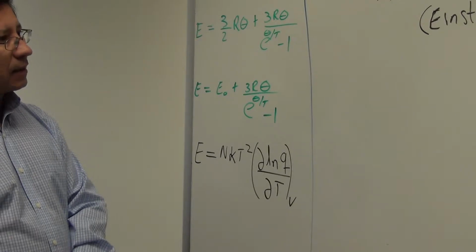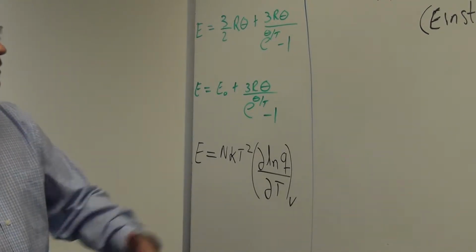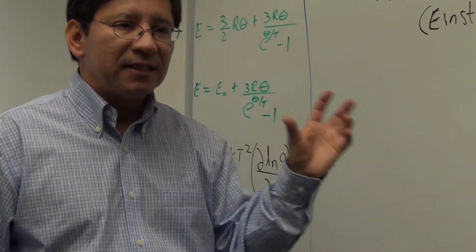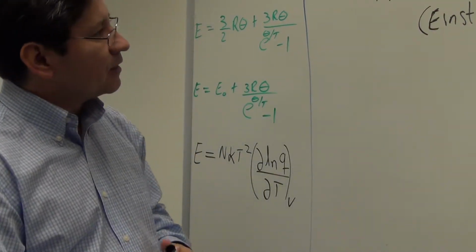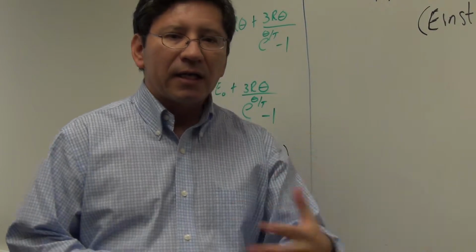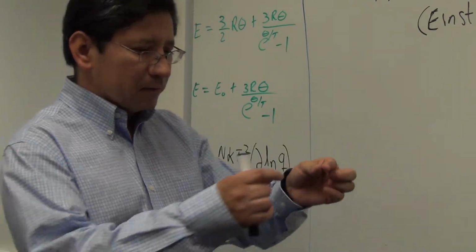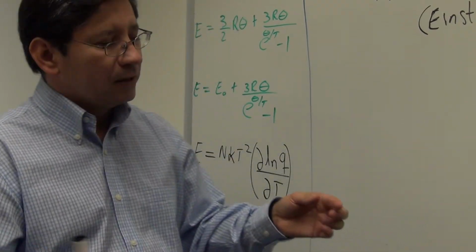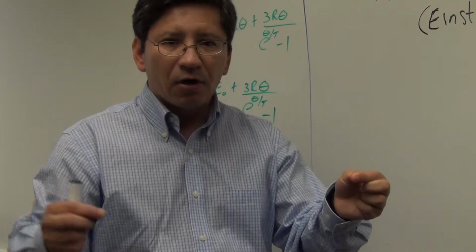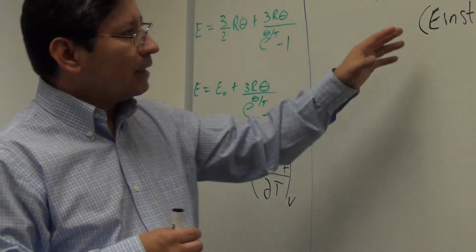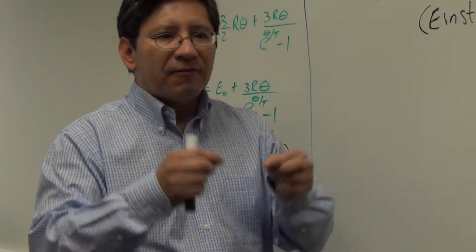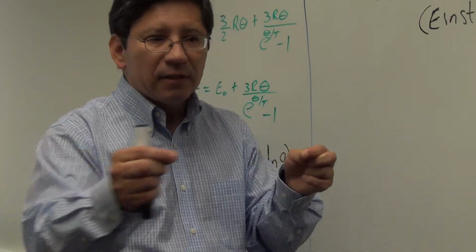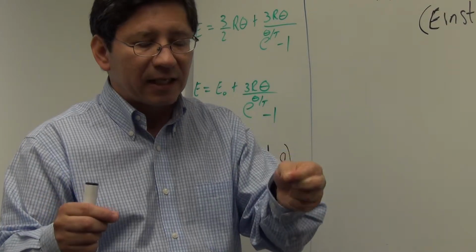Something that can help us get there is an understanding of this system, the solid, as a system of harmonic oscillators. So you have a solid, suppose this is an atomic solid, so it has atoms all over the place, and then Einstein assumed that these atoms are fixed in position, right? In three-dimensional space they are fixed, but they vibrate.